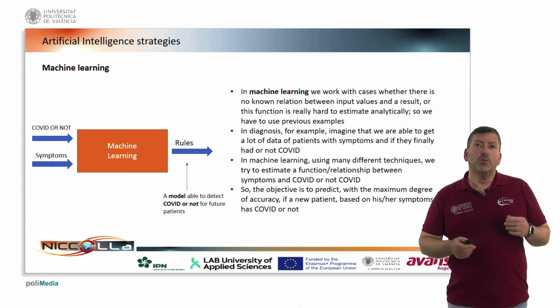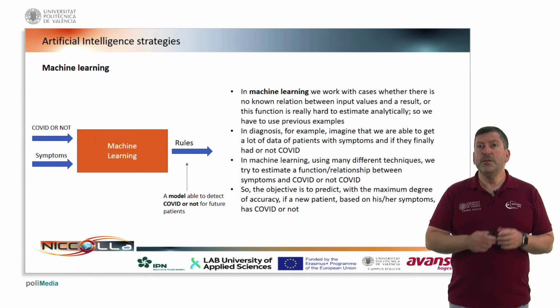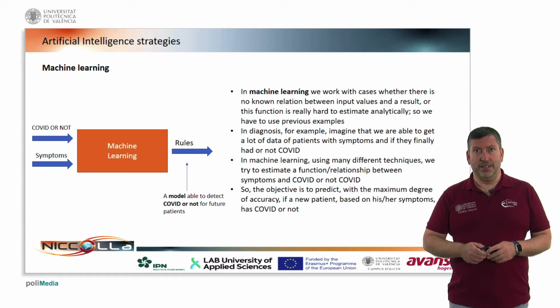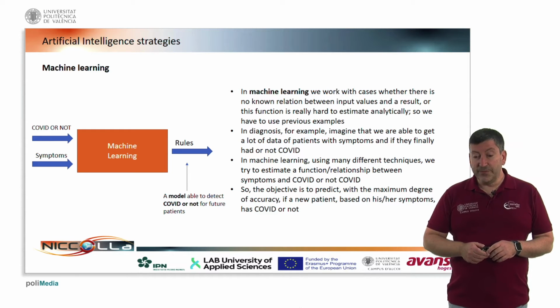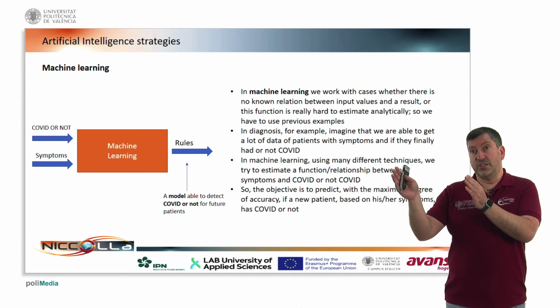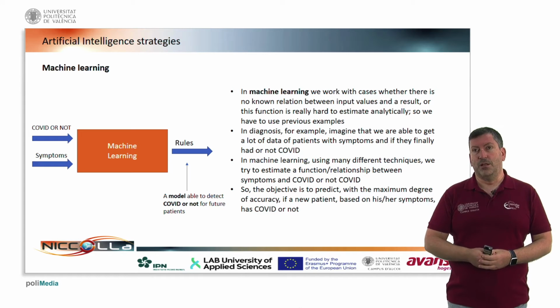So in machine learning, we work with cases where there is no known relation between input values and our result, or this function is really hard to estimate analytically. So we have to use previous examples, okay? If it is very clear, in front of a collection of symptoms, what the result is, if this relationship is clear, we don't need machine learning.